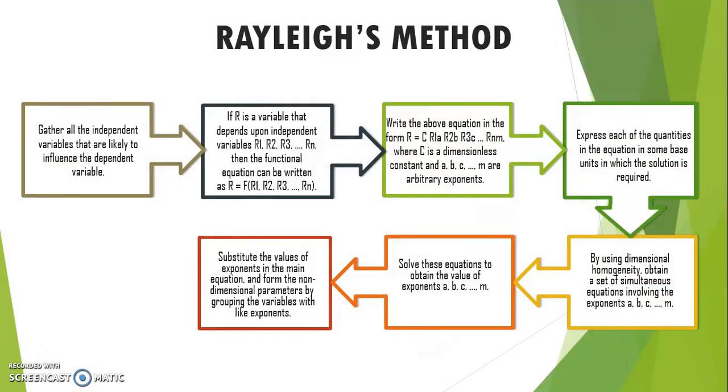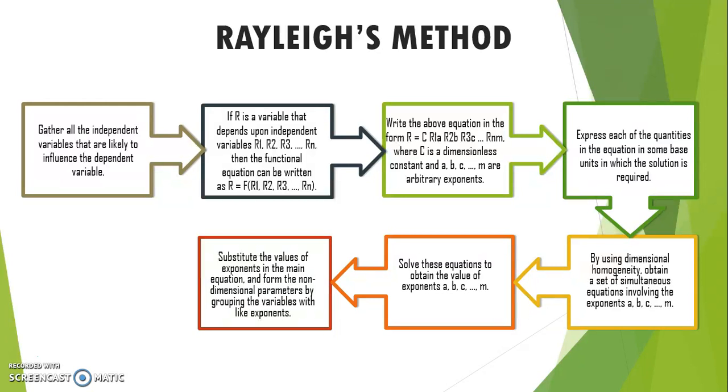Okay, so we're going to go deep into the Rayleigh method. First, we gather all the independent variables that are likely to influence a dependent variable. If R is a variable that depends upon independent variables R1, R2, R3, ..., Rn, then the functional equation can be written as R equals f(R1, R2, R3, ..., Rn).